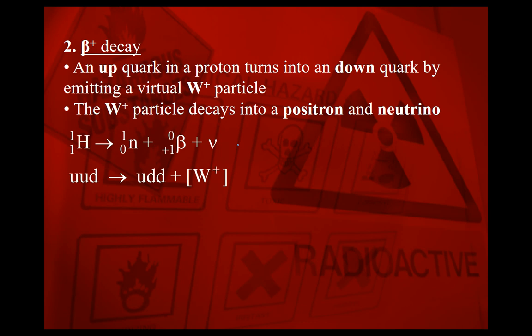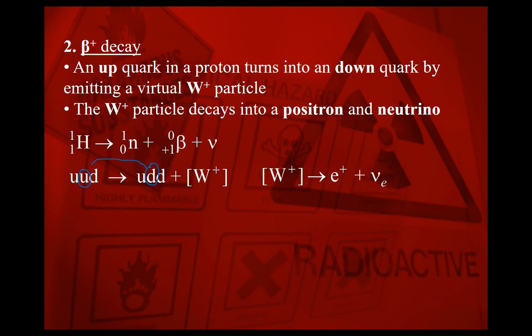In terms of quarks, we can write it down as UUD, which is the quark configuration for a proton, gives us UDD, the quark configuration for a neutron. And what's responsible for taking an up quark and turning it into a down quark? Well, it's my mediating particle, the W plus, because the W plus is involved in this radioactive decay. After that W plus particle does its job, it then decays into the two leptons I expect to see in beta plus decay.